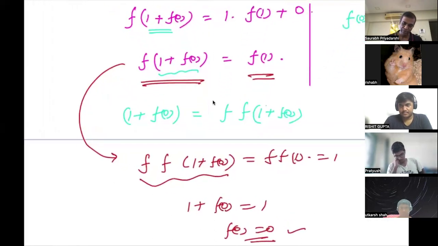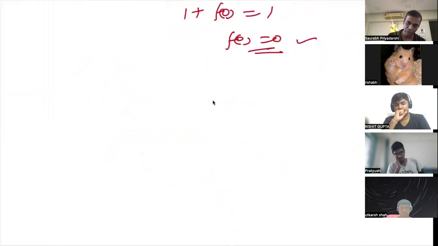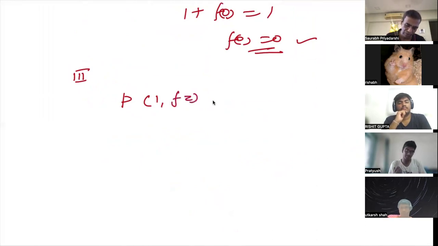So now I have formulated f0 and f1. Third, I'm saying put x is equal to 1, and let me give y as f of z, where z belongs to any of the natural numbers.